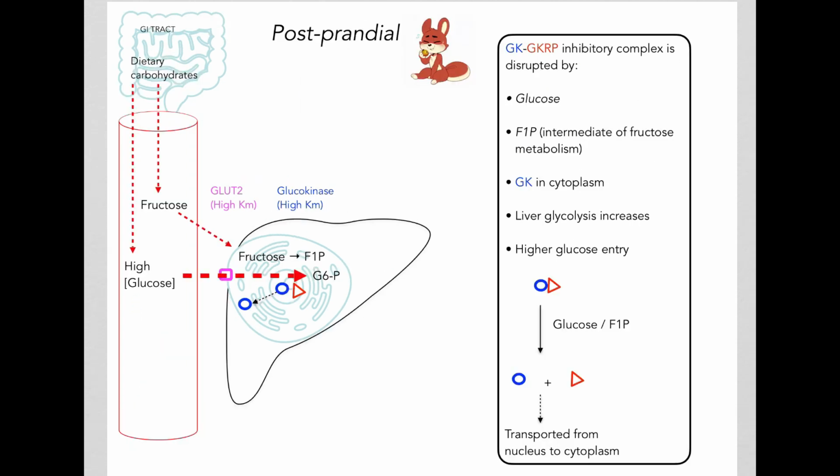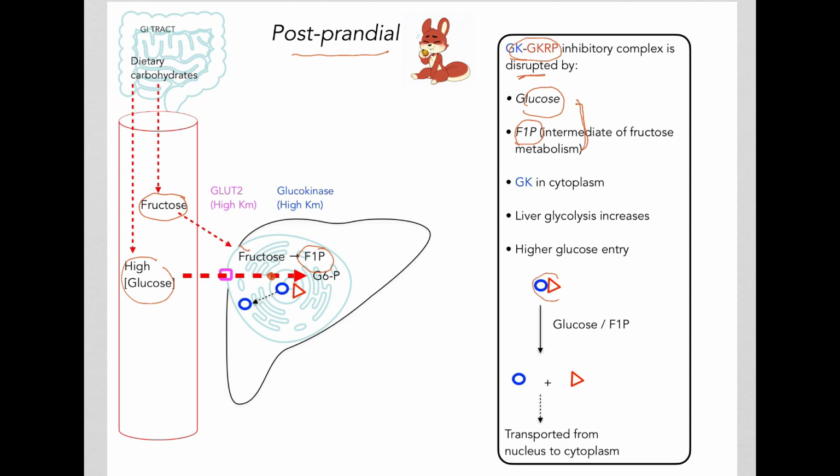Now, after a meal, we have high glucose, and as we mentioned earlier, this glucose will enter the hepatocytes. And there is also fructose in the meal, and the fructose will be taken into the hepatocytes and converted into fructose 1-phosphate. Now, fructose 1-phosphate as well as glucose, these two chemicals actually disrupt the GK-GKRP complex.